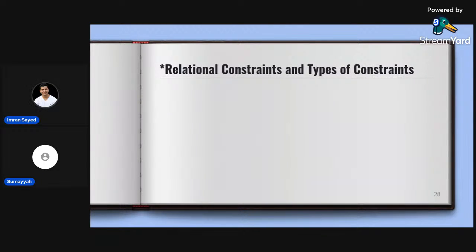Are all the domains or just the primary key? Just the key that it's referencing, the primary key. And it should exist at least in one of the rows. Okay. Cool.